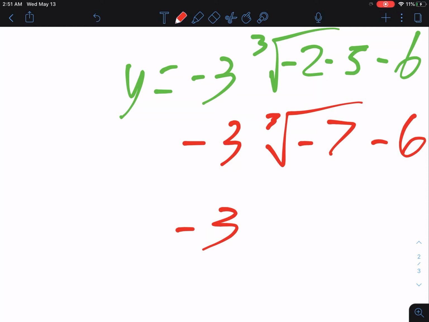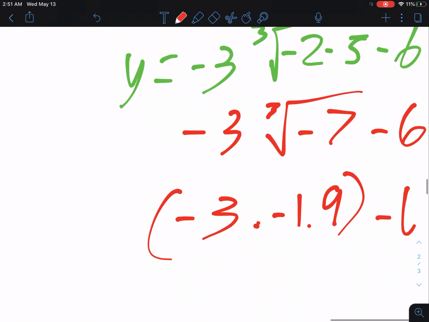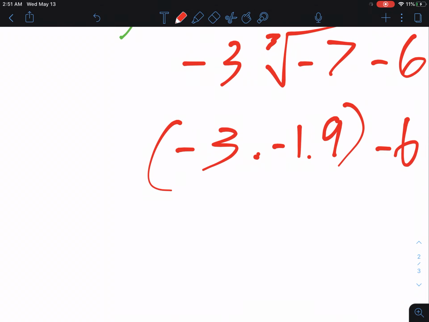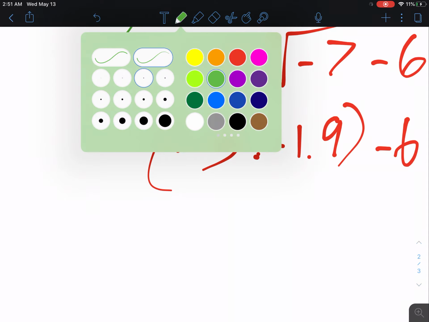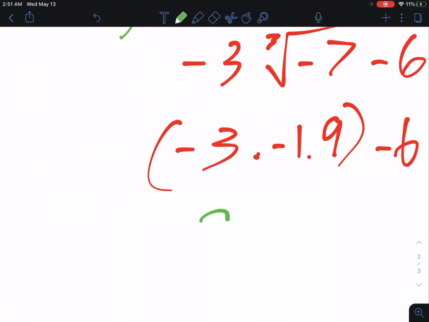Then the negative 7 to the third equals negative 1.9, rounded to 1.9. So we multiply these two together, and then we drop down minus 6. Then negative 3 times negative 1.9 equals a positive 5.7 rounded.